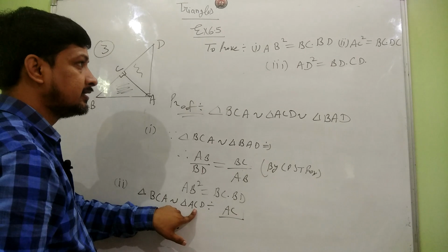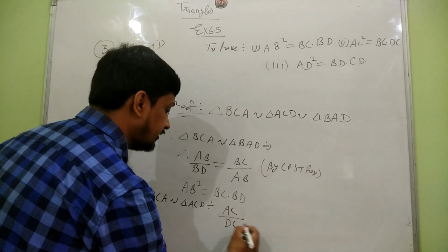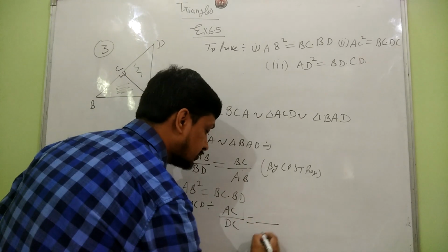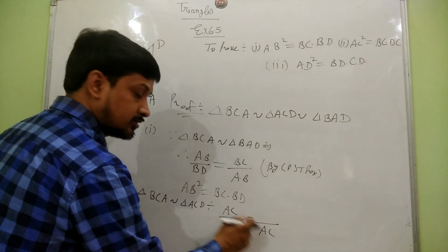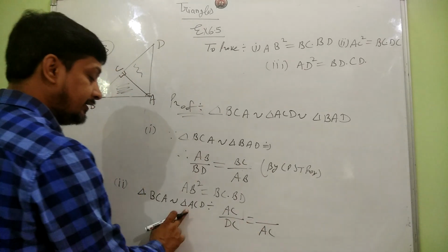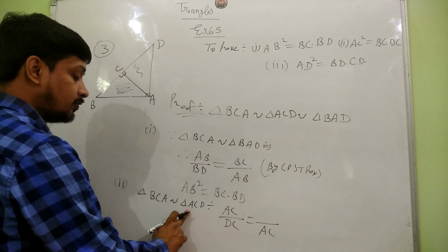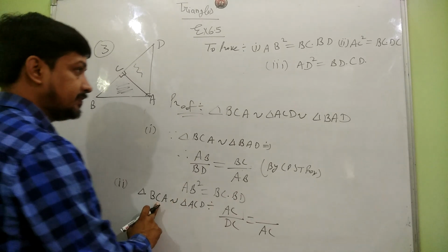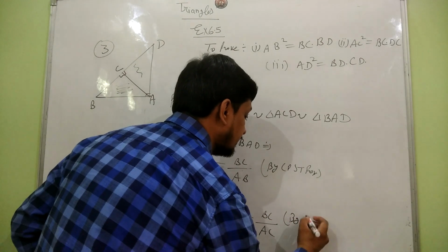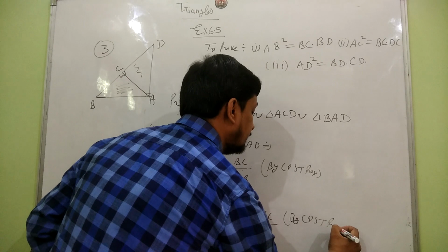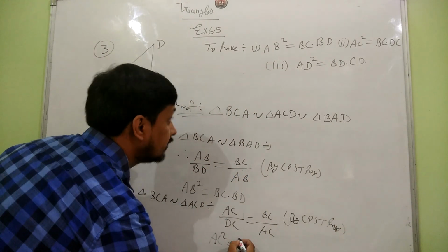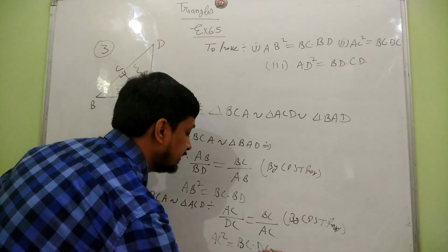It is DC. So I have written DC. Now AC square you need, so AC should be here, because by cross multiplication we need AC square, but this AC is for the second triangle. So what is the side corresponding to AC in the first triangle? It is BC. So you will write BC. So it is by CPST property. Now just cross multiply, you will get AC square equal to BC into DC.